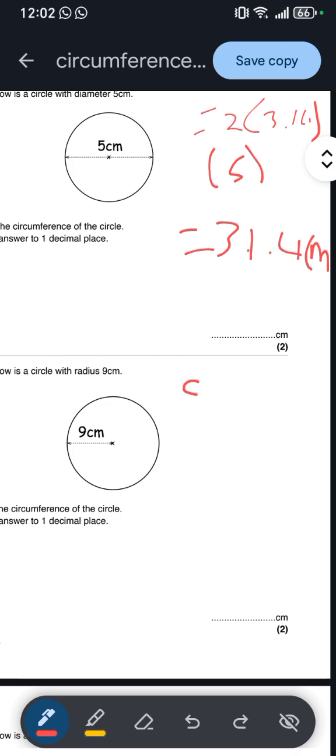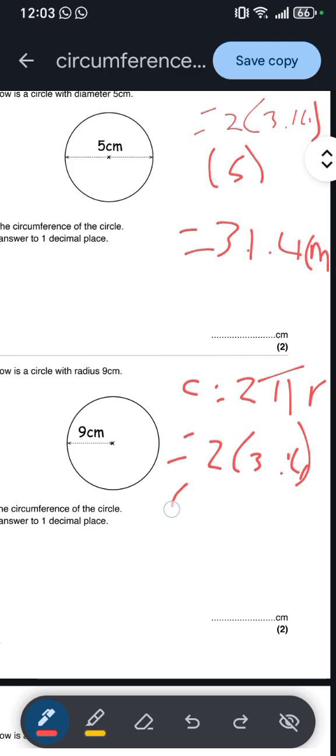C equals 2 pi radius. So just say 2, 3.14 multiplied by 9. So guys, the answer is 56.5 because we're rounding it off to one decimal.